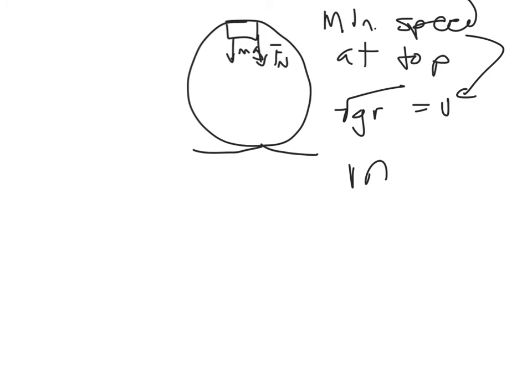Notice that mass, and this is true for the previous one, mass does not matter. It does not matter how much mass your car has as it's trying to go around these flat turns or go through these loop-the-loops. It has absolutely no effect on how fast the object has to be going. There might have to be more force put in to get that object moving at that speed, but as far as the actual speed it has to be going, mass does not matter.